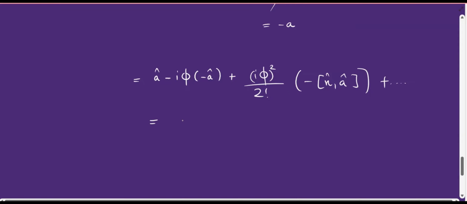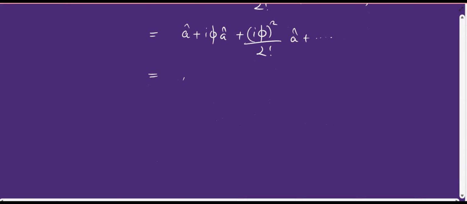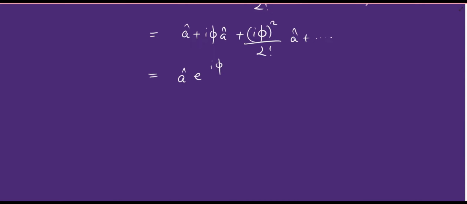So this gives us a cap plus i phi a cap plus (i phi) square by 2 factorial into a cap and so on. If we take out a cap common, this is e raised to i phi. So R dagger(phi) a cap R(phi) is this.